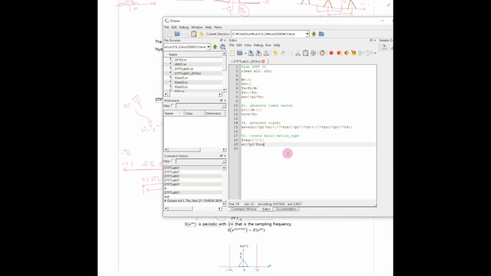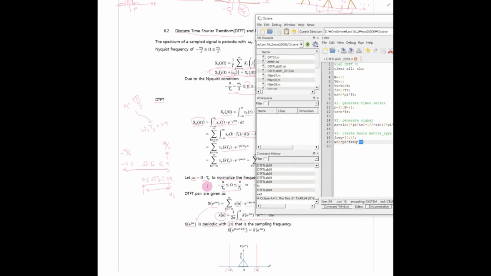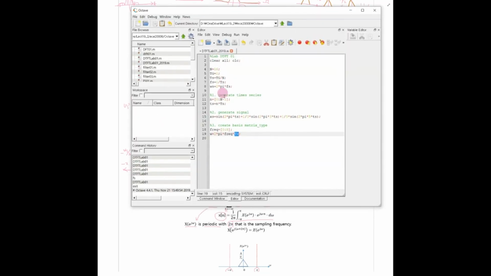So I need to make it normalized by multiplying by this one. This one is a real angular frequency, but I make it normalized by multiplying by Ts, as we have done here. Okay, this is the normalized frequency, and I would like to create the basis matrix. So a blank basis matrix is created here. The index changes from 1 to the length of omega, and AX is generated by appending each row.